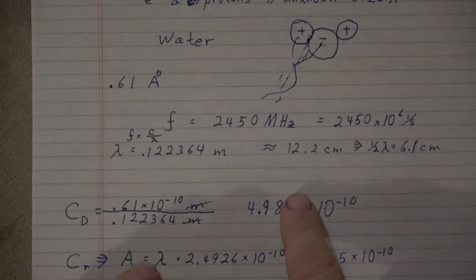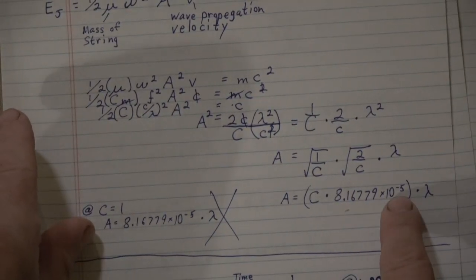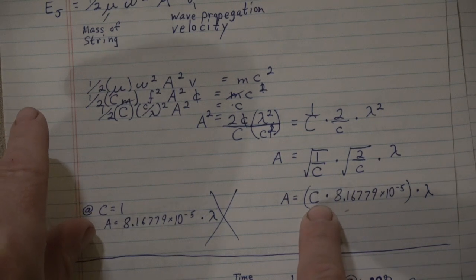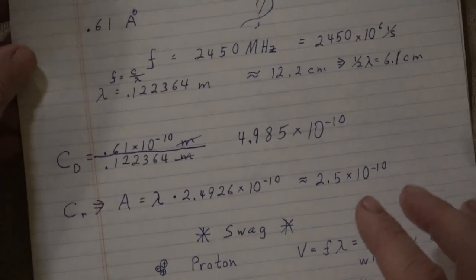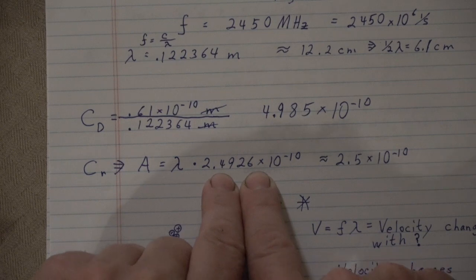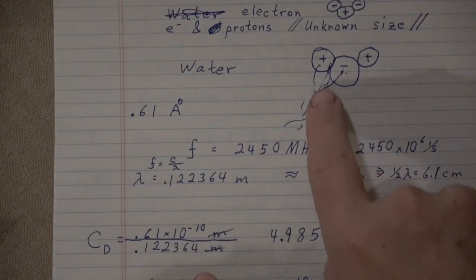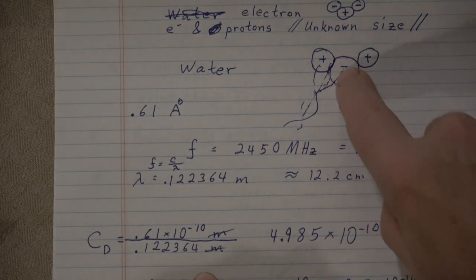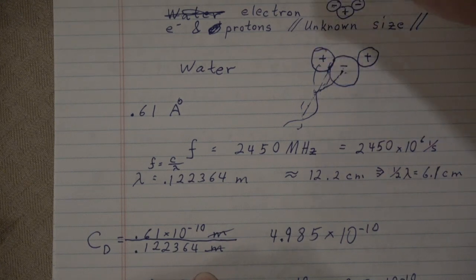Place that in here, and I can take this number multiplied by that number and I come up with this number right here. And how I came up with it is that you have to remember that positive, negative, the center of the charges, this would be the diameter of the photon. We are looking for the radius, and it is the radius that is the amplitude.